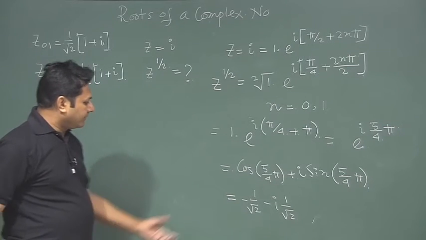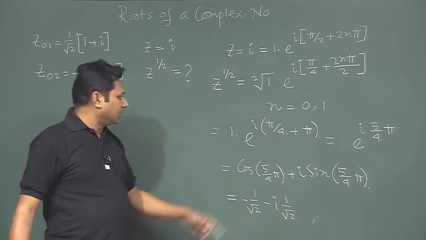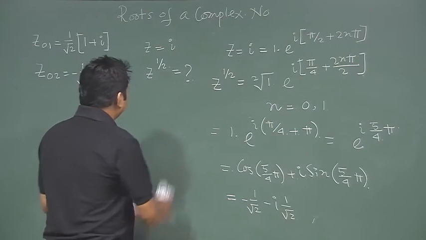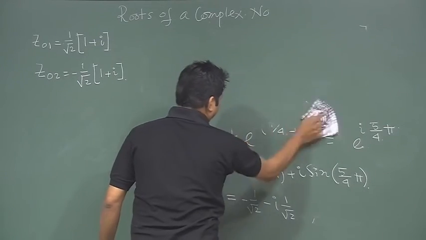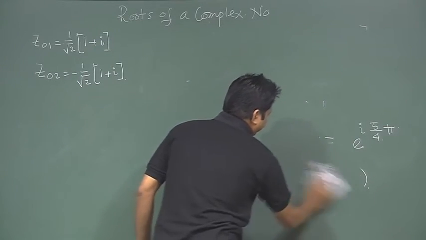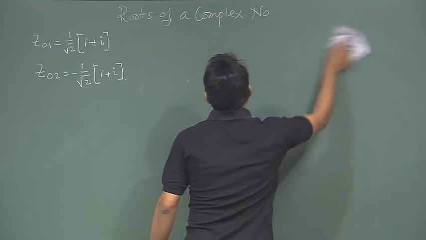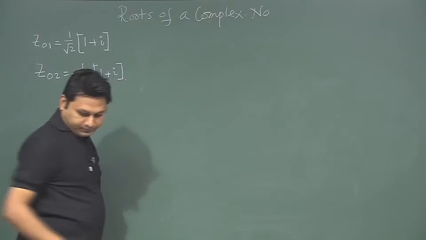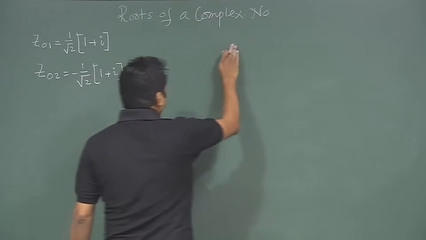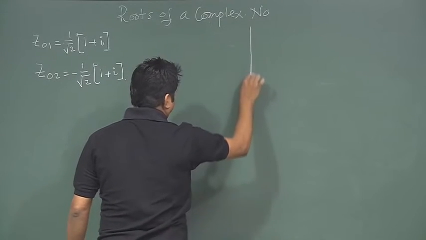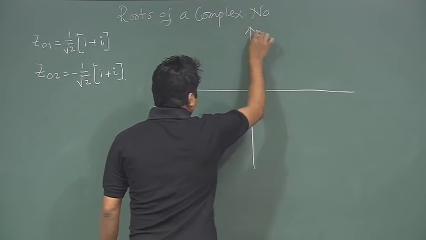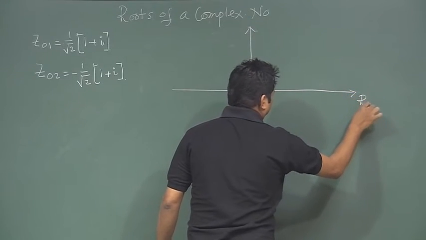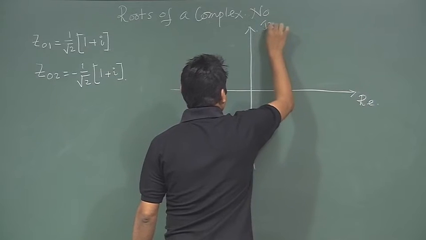So, now if I have two roots, and I put these two roots in my complex plane, how does it look? This is my real axis, this is my imaginary axis.